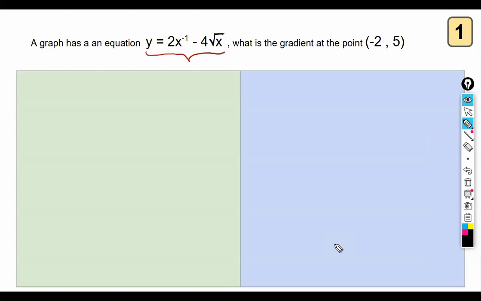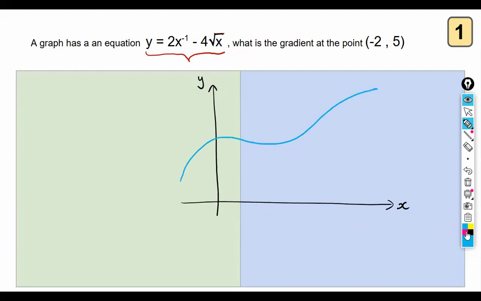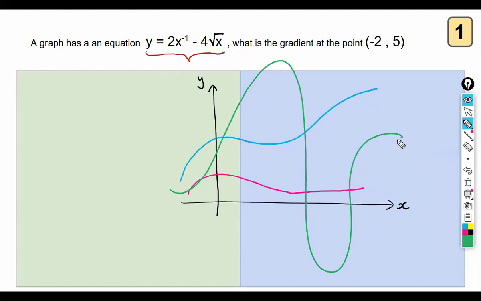It's definitely going to be a curve, but you don't know how that's going to look. When you draw that on graph paper, let me say this is your graph paper with your x and y axis. By the time you spend half an hour drawing that graph, it might look something like this. Or it might look something like this. Or, for all you know, it's going to look something like this. Up, down. You don't know.